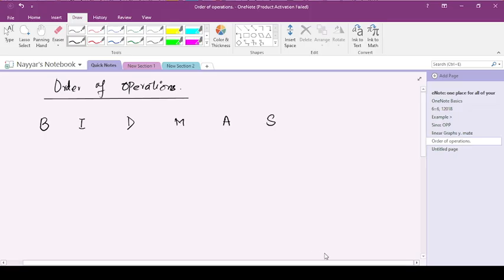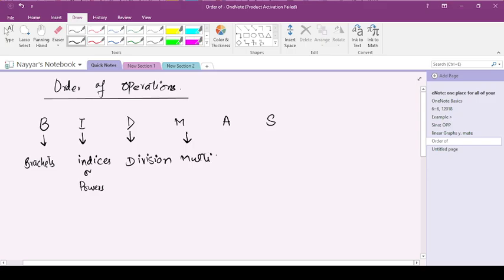BIDMAS. So B stands for brackets, I stands for indices, or you can say powers. D stands for division and M stands for multiplication.